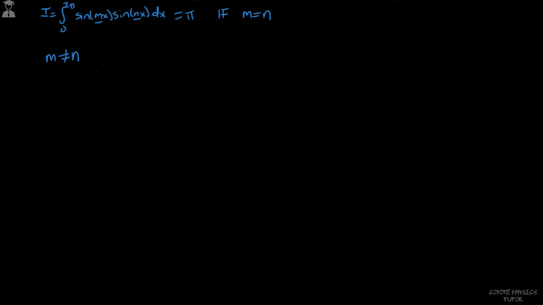So actually, let me go ahead and rewrite the other expression for this. We had cosine of (m minus n)x minus cosine of (m plus n)x dx.